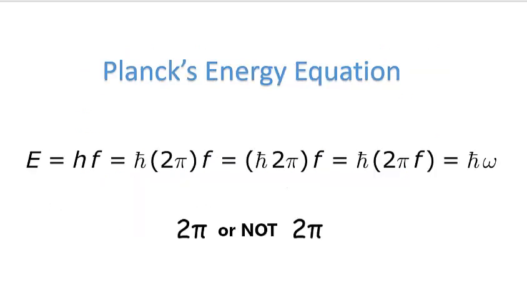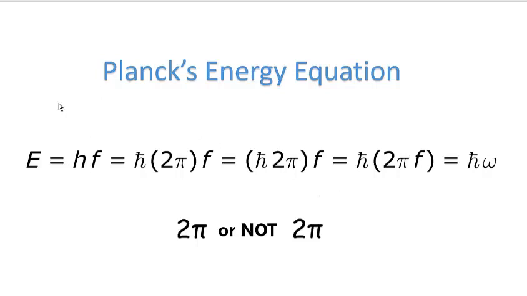So let's go back to here. You can see in Planck's energy equation there is a hidden 2 pi, and 2 pi times reduced Planck's constant is standard non-reduced Planck's constant.